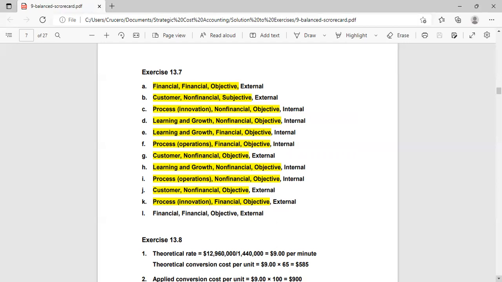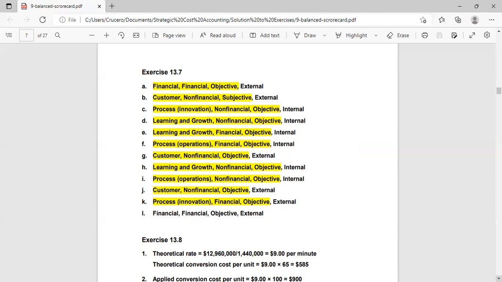What's the requirement here? Classify each measure according to the following perspectives: financial or non-financial, subjective or objective, and external or internal.